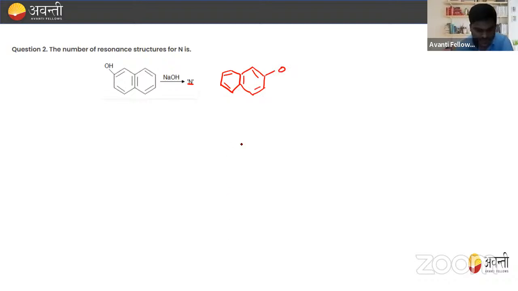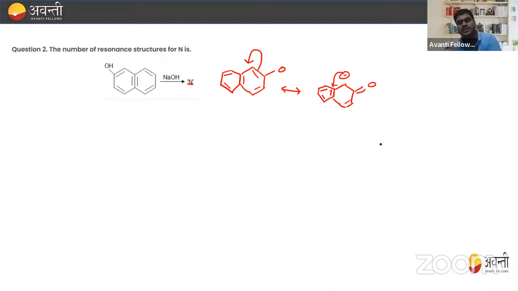So what is the resonance structure of this? We can draw the resonance diagram like this, and this will be converted into, again, this is benzene, right? And again we have a negative charge. So this will become negatively charged, and this will become a double bond. This is already having positive charges.